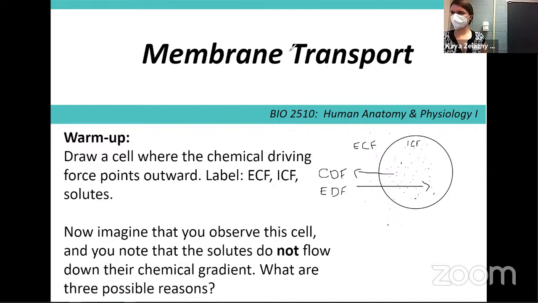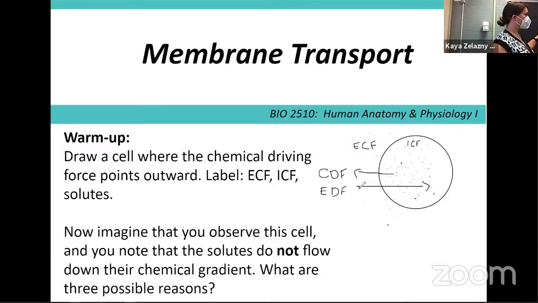Or we could have another situation, right? What's another situation in which we wouldn't have solutes flowing out of the cell here? Any other reasons we might not have movement? I can think of two more. One of the reasons we might not have movement could relate to transport, right?